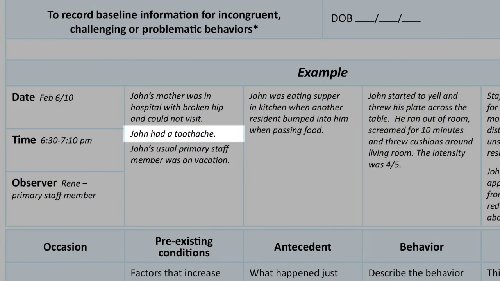Also, in this incident, John had a toothache. You frequently find that medical conditions contribute heavily to the occurrence of problem behavior. And then John's usual primary staff member was on vacation. So the people that he was used to taking care of him were not there on this particular occasion.